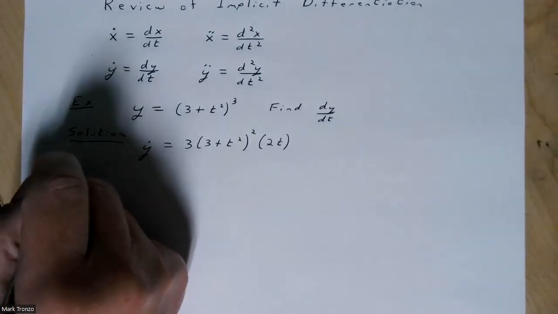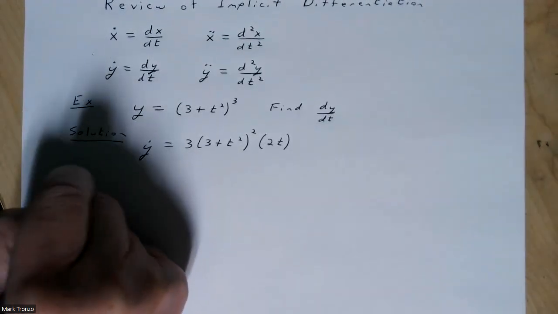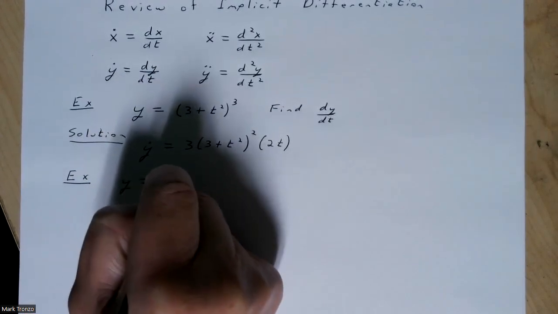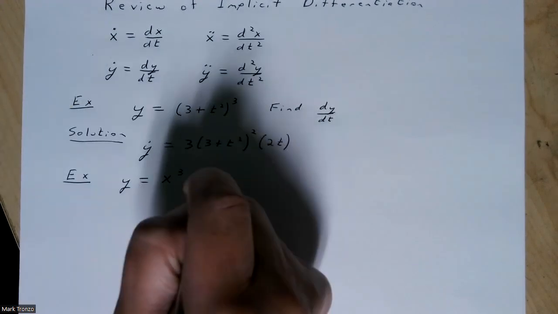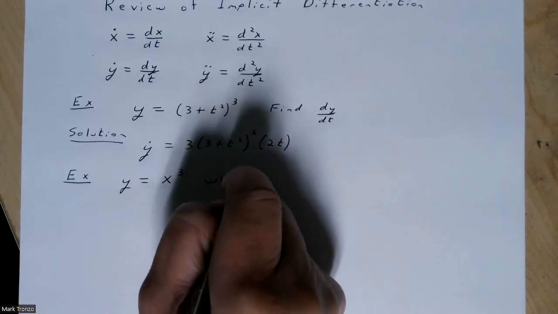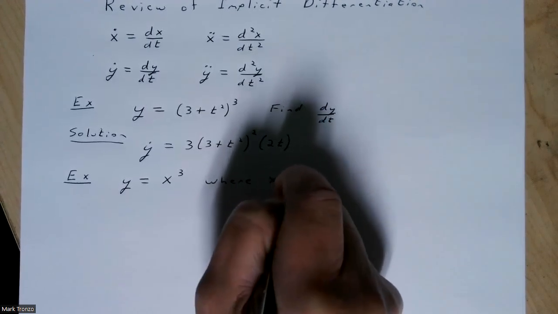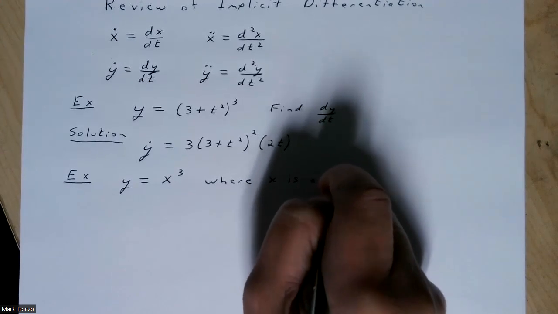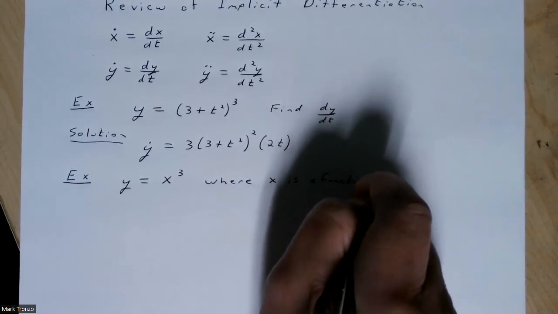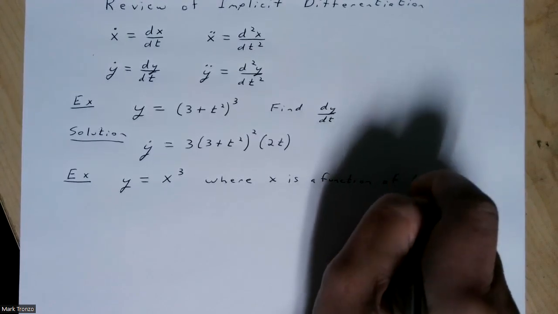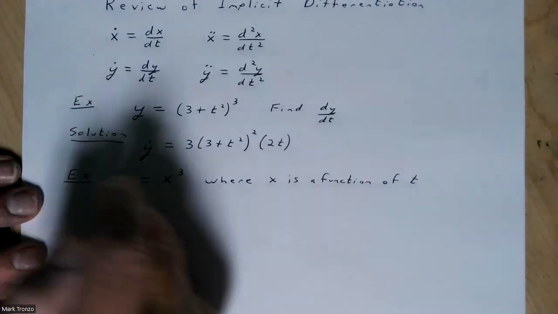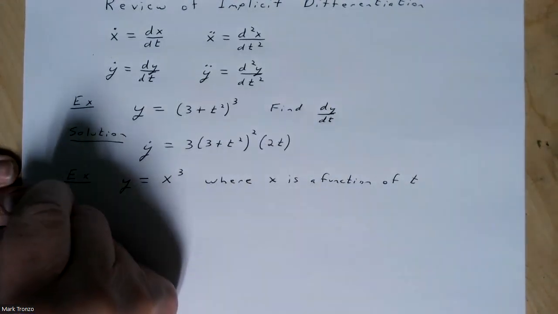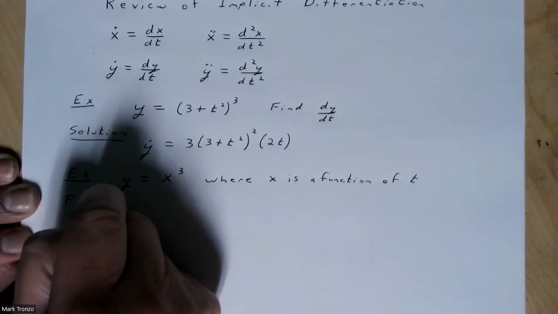So now let's look at this example. y equals x cubed, where x is a function of t. And once again, we're going to find dy/dt, or like I said, y dot.